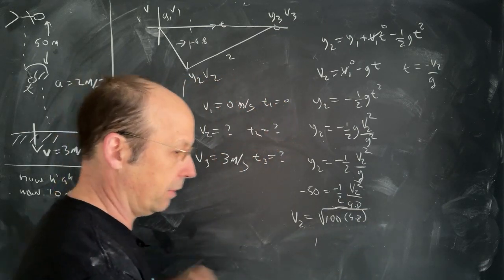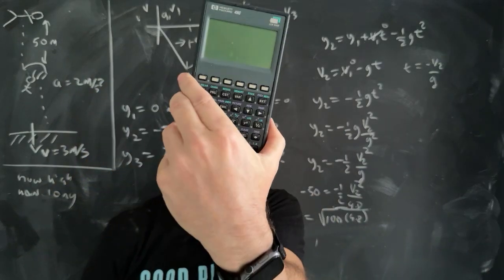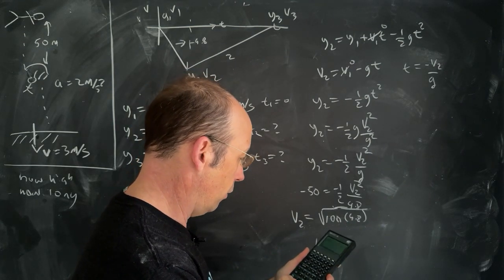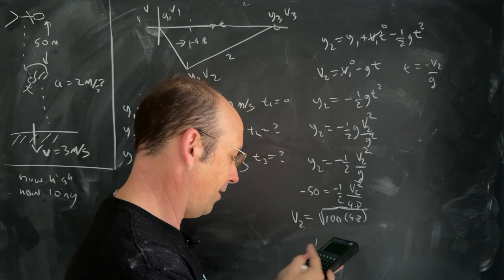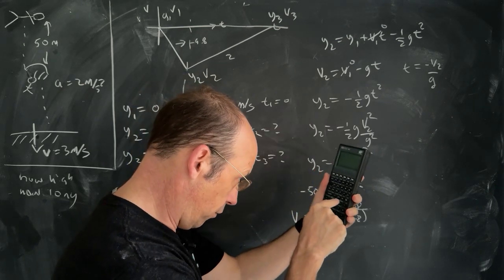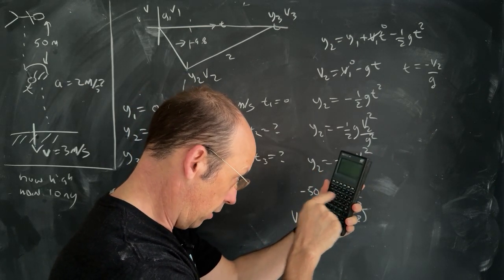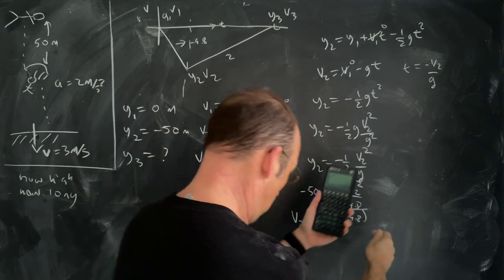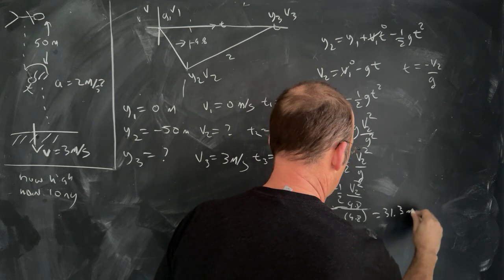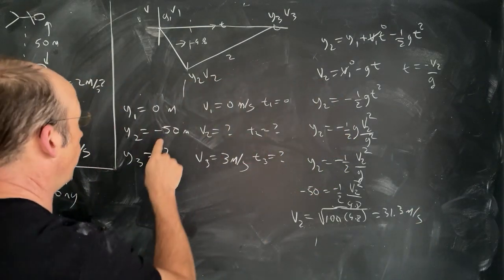Okay, so let's do that in our handy dandy calculator. 9.8 times 100, and then I need to take the square root, and I get 31.3 meters per second.